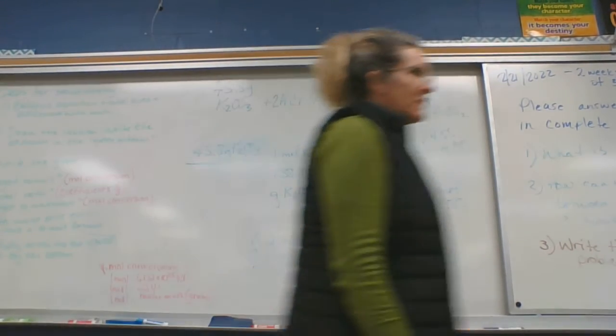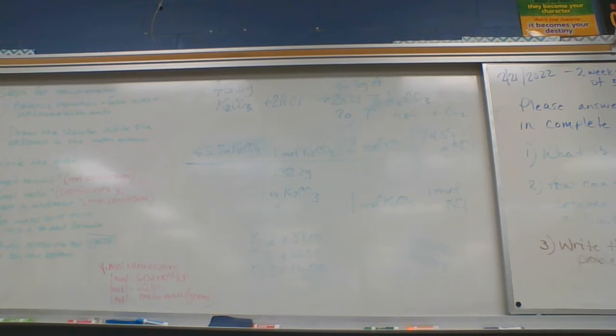So multiply across the top, divide by the denominators. 45.8 times 2 times 74.55, enter, divided by 138.2. My calculator's all messed up. 49.41.